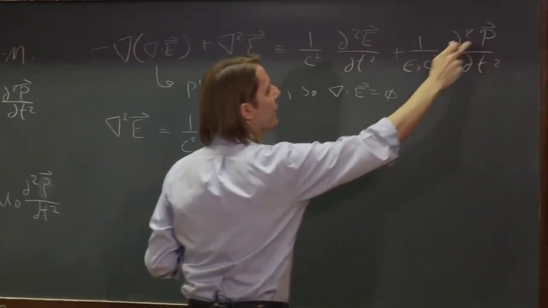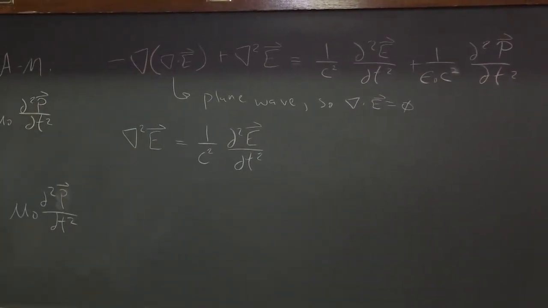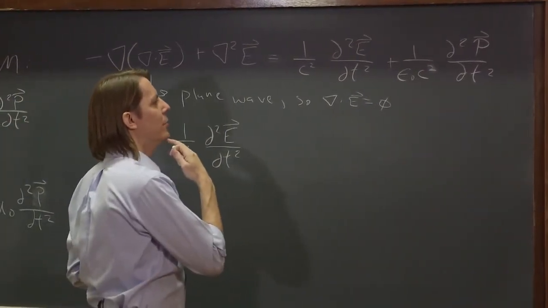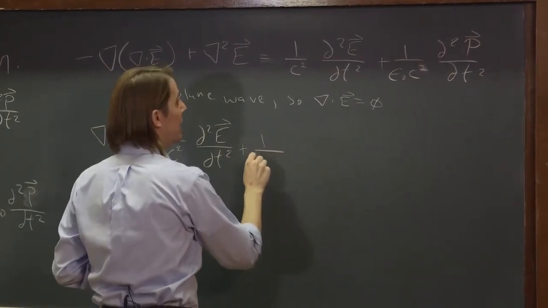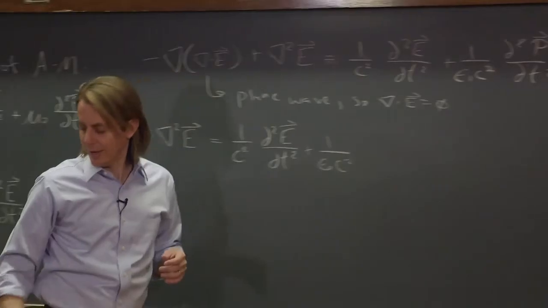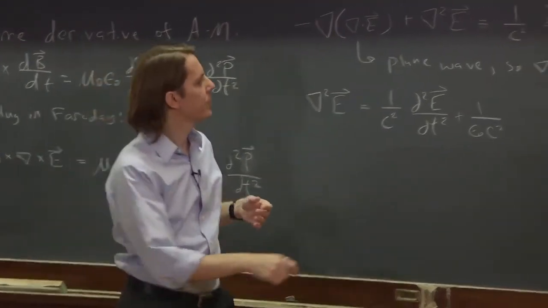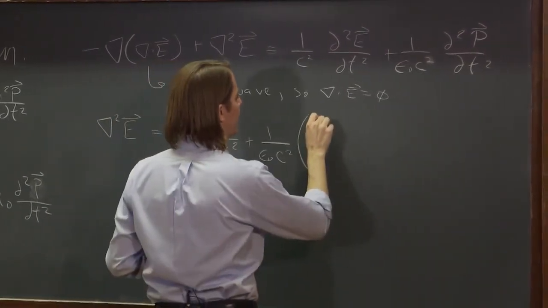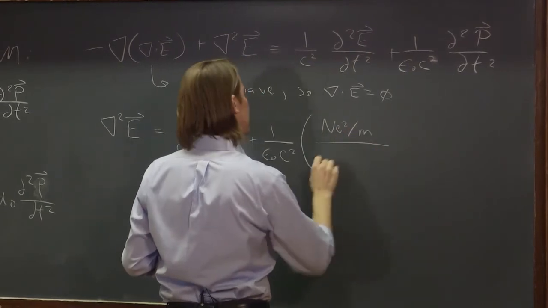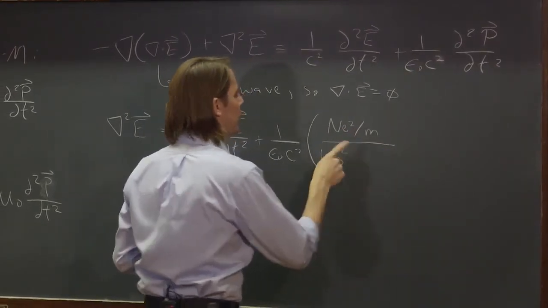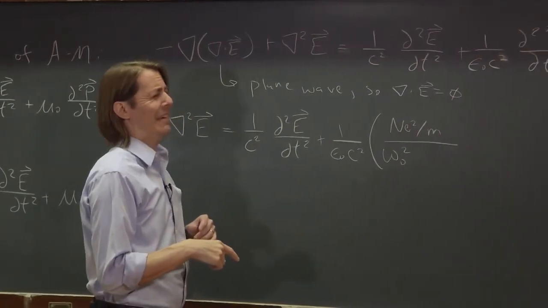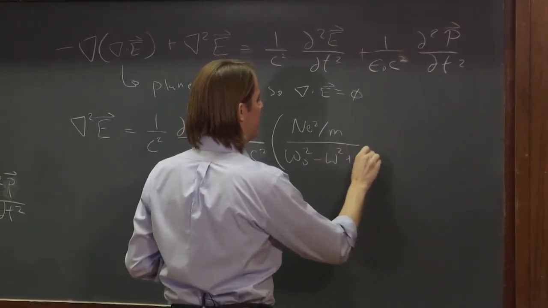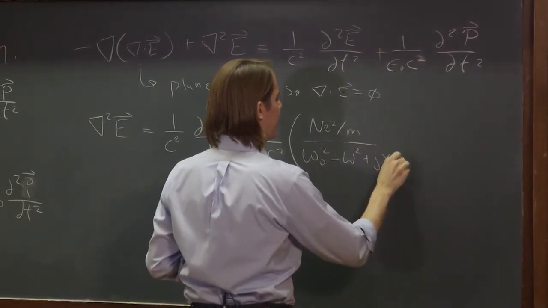And now we want to go ahead and convert this polarization P into E, the applied electric field, this electric field we're talking about. So let's see how we're going to do that. So we have 1 over epsilon naught c squared, and then we've got to bring in that big factor that went in front, between P and E. So that was nE squared over m over, we had that omega naught squared that we defined, the square root of k over m minus p over 3 epsilon naught m, minus omega squared plus j gamma omega.